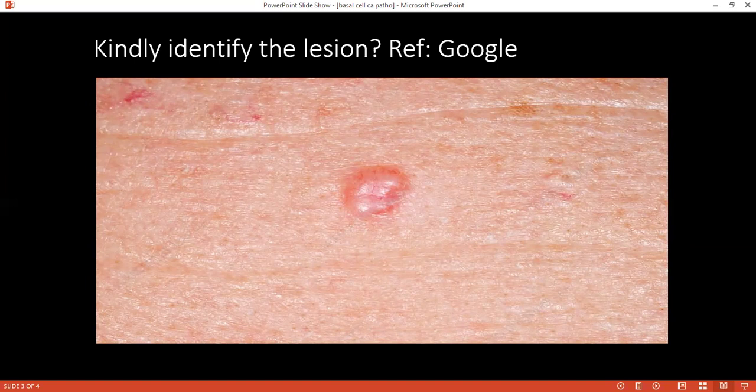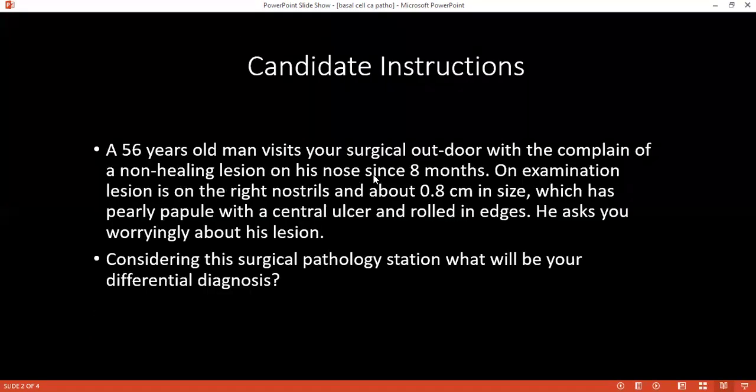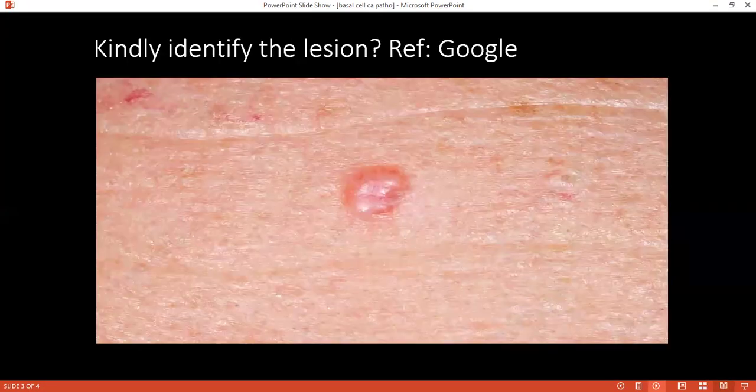All right. Considering this patient's stem that you have in front of you, the lesion was non-healing and it was 0.8 centimeter. What management would you suggest to this patient? Okay, so initially we have to do an excisional biopsy with a safe margin.